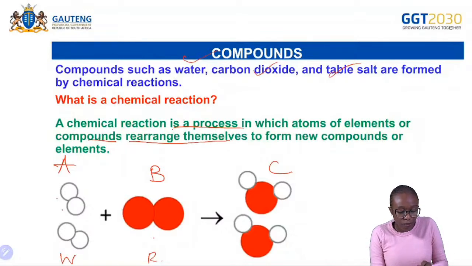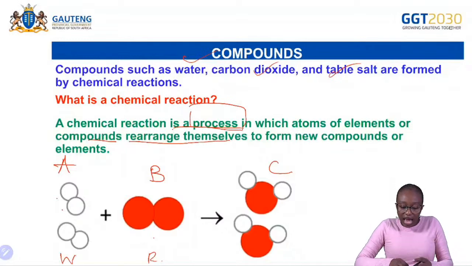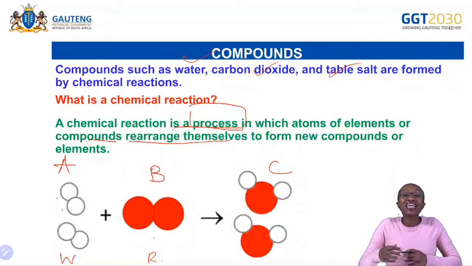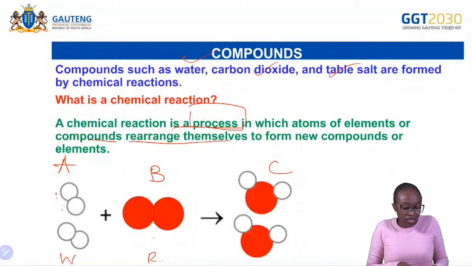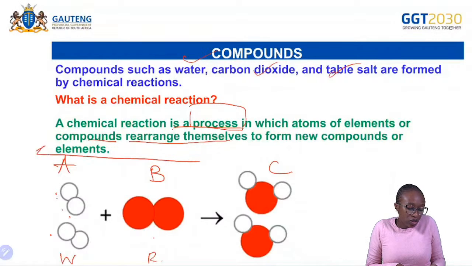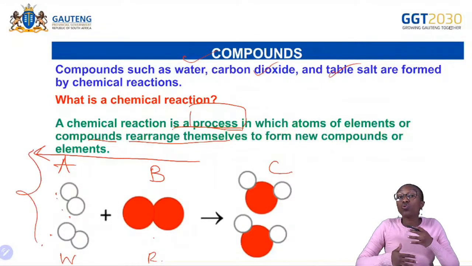So now, in the process of a chemical reaction, remember we said it is a process, the atoms of elements rearrange themselves. So this arrangement that we have on the left hand side is going to change.